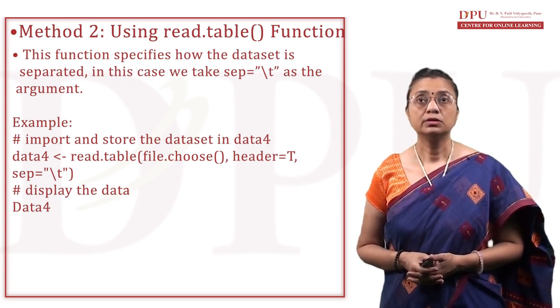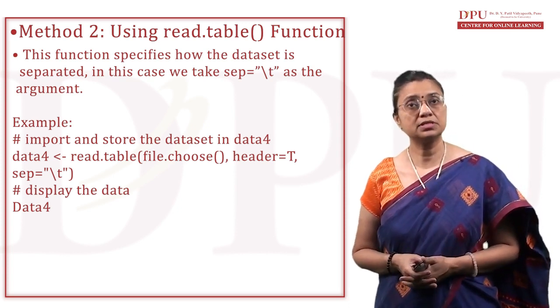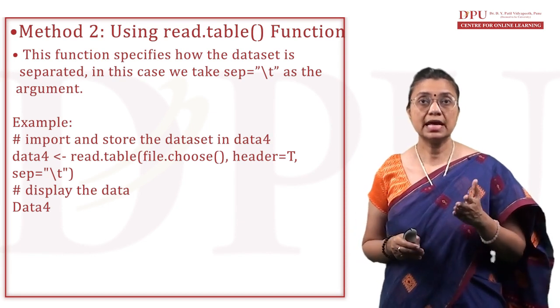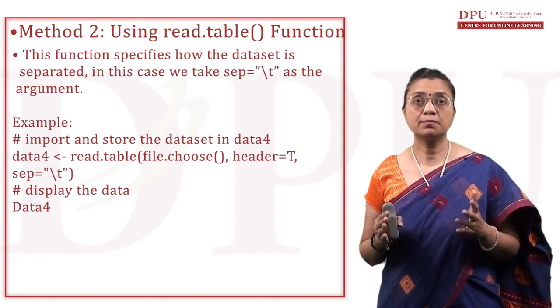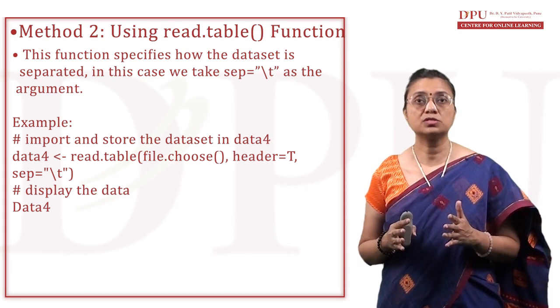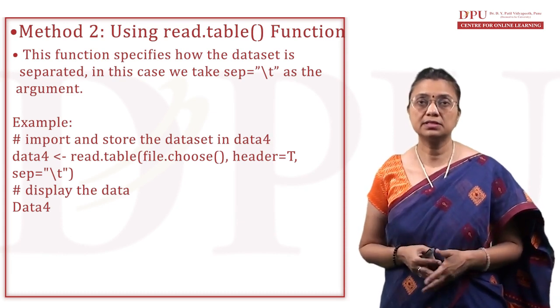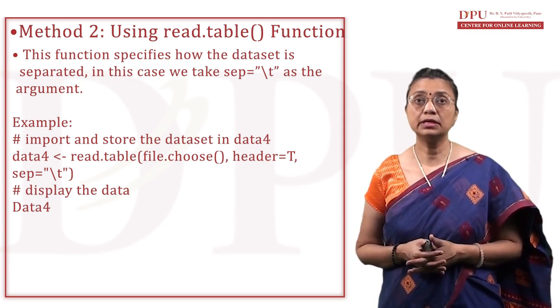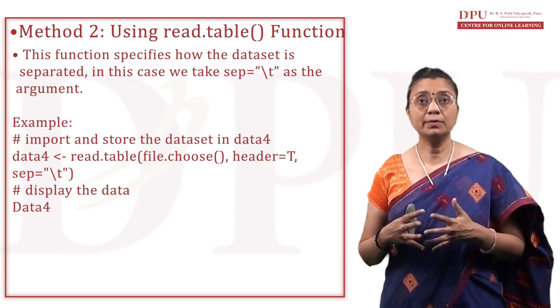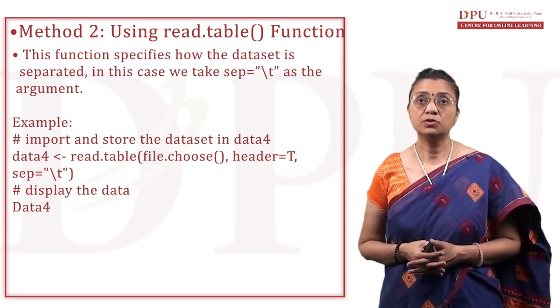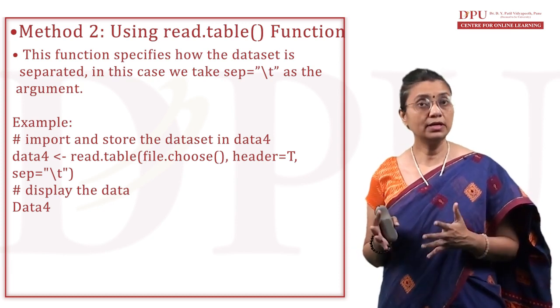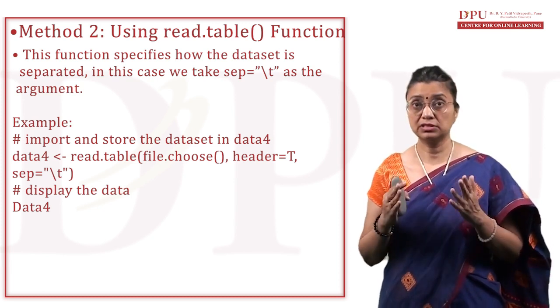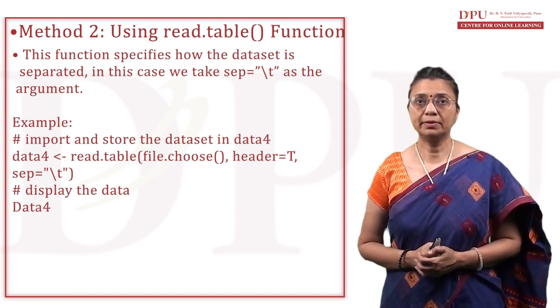In this case, we take sep equal to double quotes \t. Now you can see that in the previous example, the separator was a comma. Here the separator is \t as an argument. So if it is a tab delimited text file, it can be read here when I'm using read.table. The only difference is that I have to use \t as a separator.